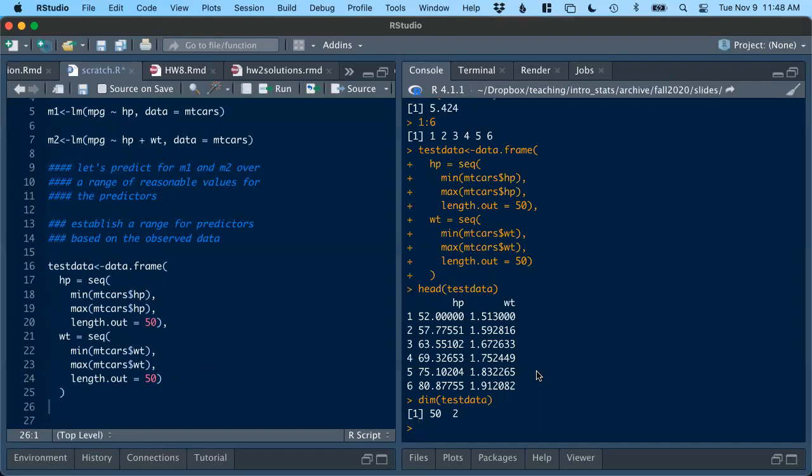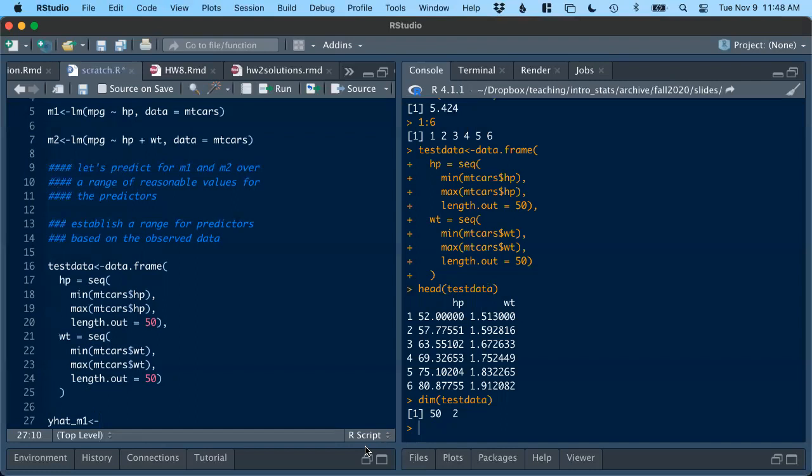Okay. This is a little tricky, but this is an algorithm for generating predictions that I think you will find very useful. And I use all the time. I use this procedure all the time in my research because it makes interpretation really simple. Because what we can do now is we can say y hat m1.